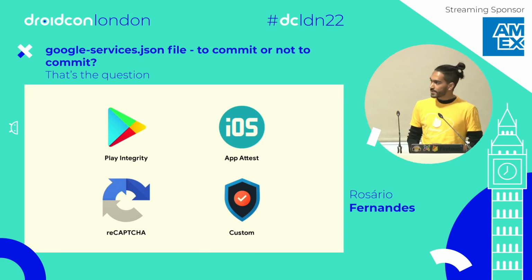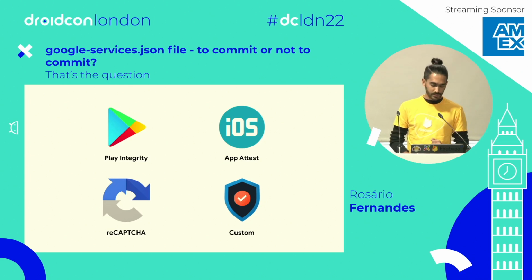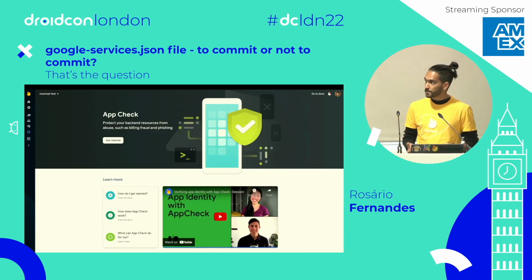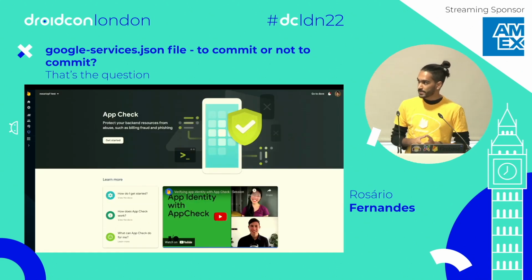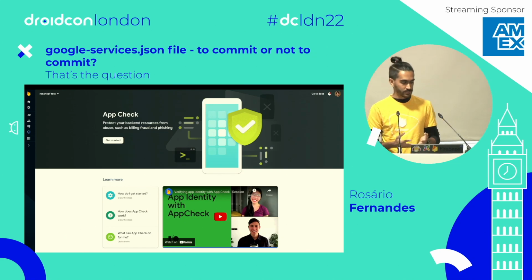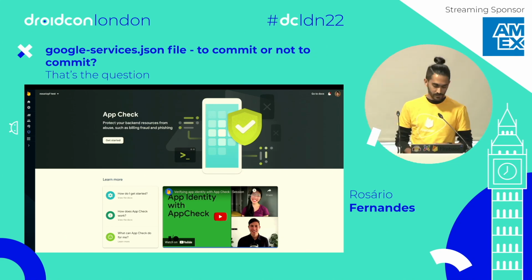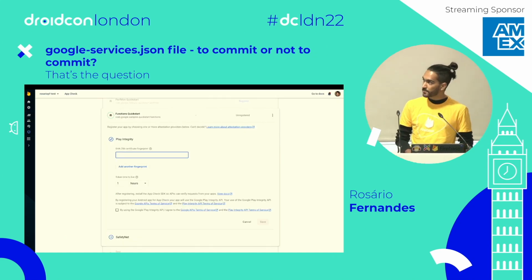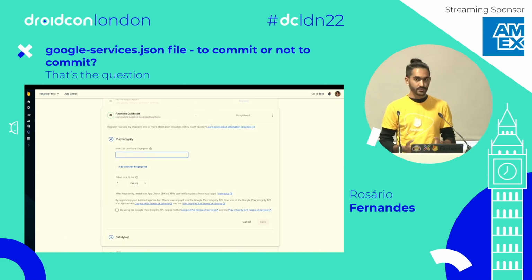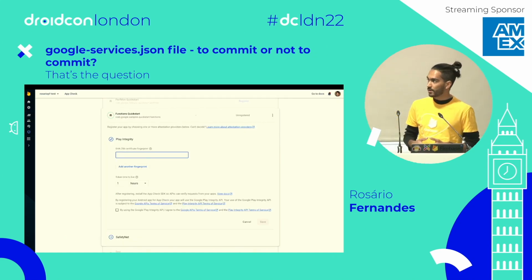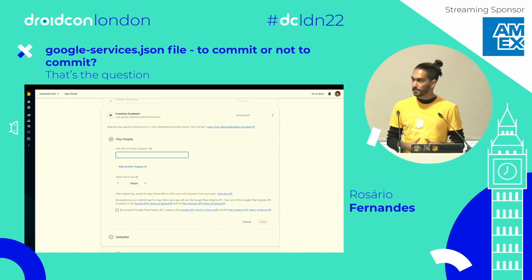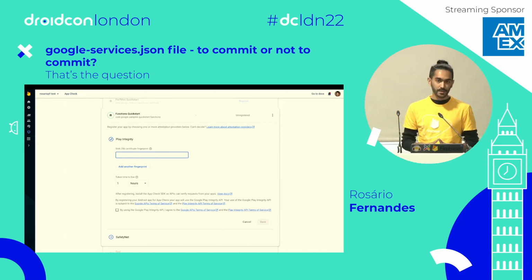So to get started with App Check, you just need to go back to the Firebase console. There will be a tab on the left that says App Check. Once you open it, you'll see a screen like this. So you can go ahead and initialize it. And it's going to ask you for some details. So in case of an Android app, you need to provide the SHA fingerprint that you use to set up Play Integrity in the Play console.